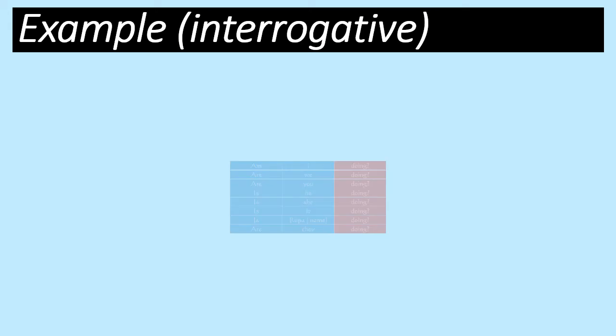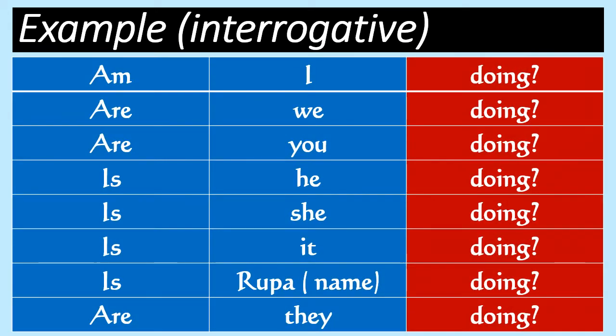Yes, here is another example of interrogative form. The interrogative form begins with an auxiliary verb plus subject plus the main verb plus ing form. Now we will learn how to use the present continuous form and when to use the present continuous form.